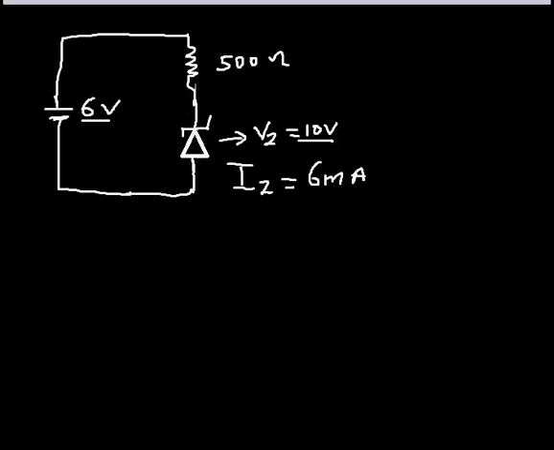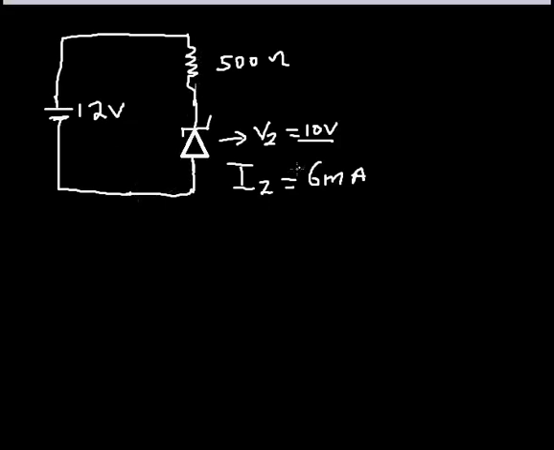But in a situation where, let's say, I have a supply voltage of 12 volts, with 10 volts Zener voltage, and of course the same maximum Zener current of 6 milliampere, then you can rest assured that current will flow through this Zener.